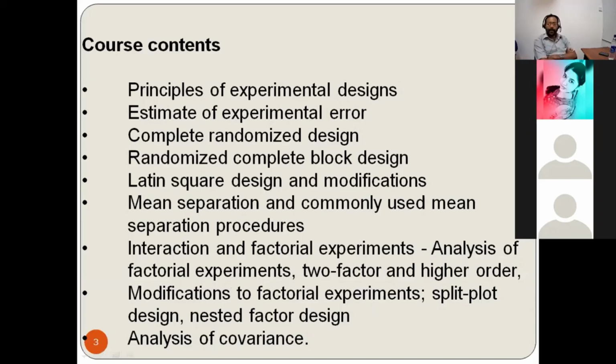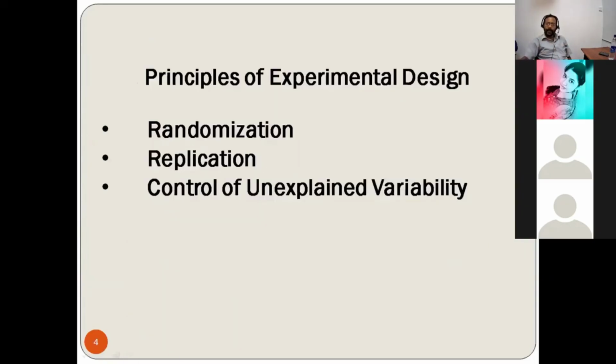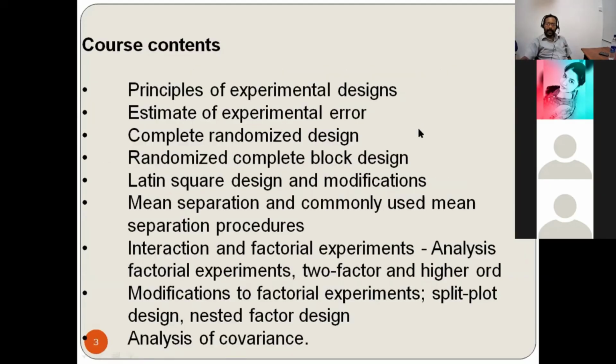Covariance is very important when you do animal science experiments. How do you quantify covariance? You can understand variance, right? Covariance is the variation between two variables, x and y, joined together, how they vary together. That is basically called covariation. So those are the lectures this course contains that we will be addressing.